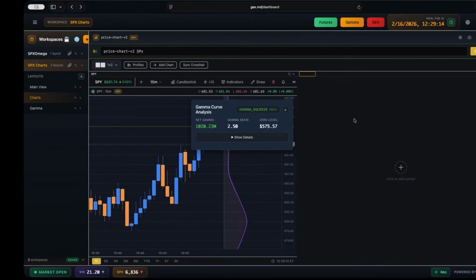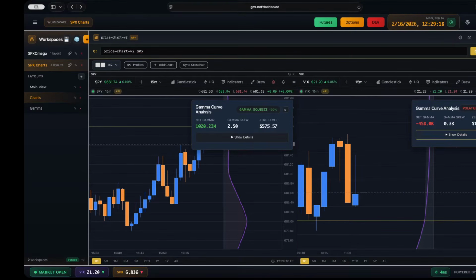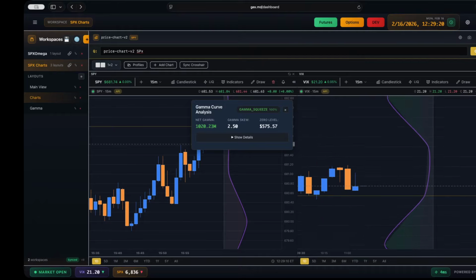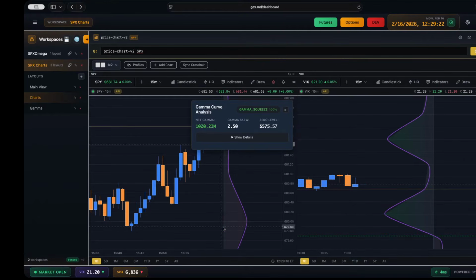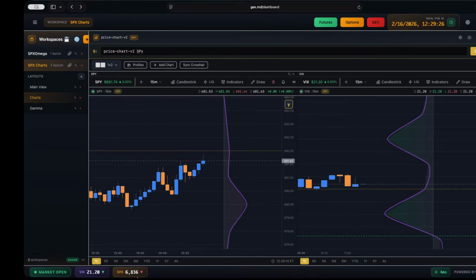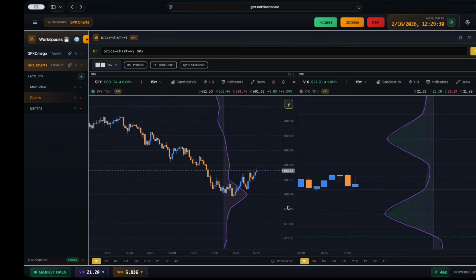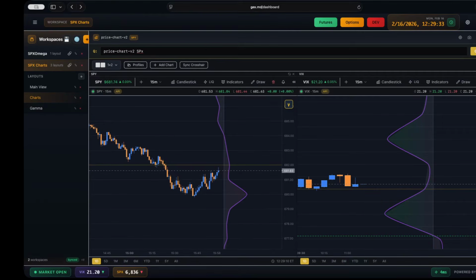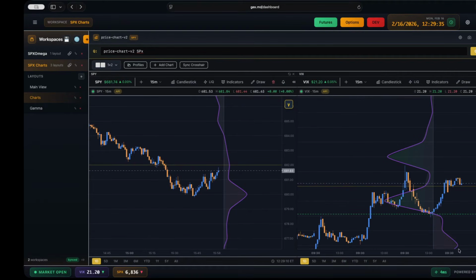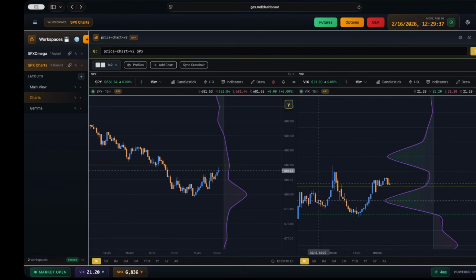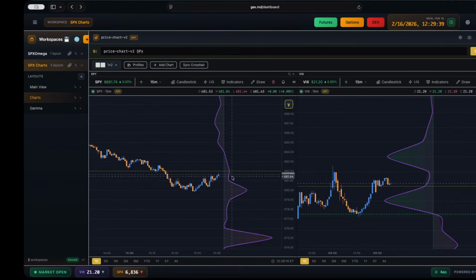You click here and then put VIX, hit enter, close this, and now you have SPX on one side, VIX on the other side. Close this. All right.